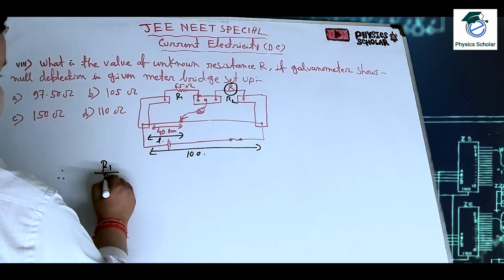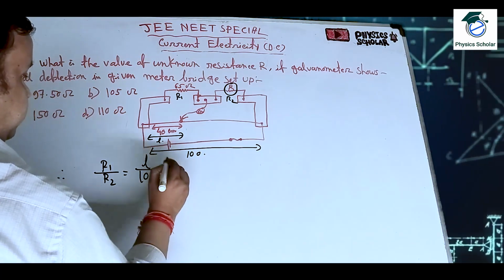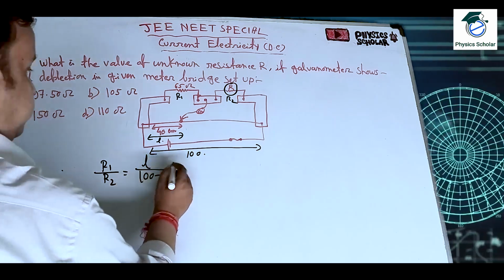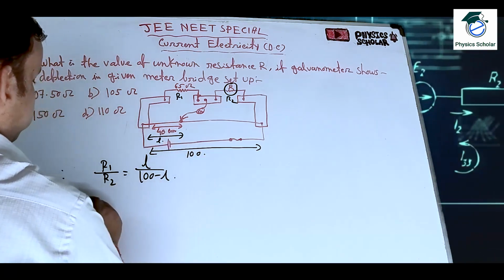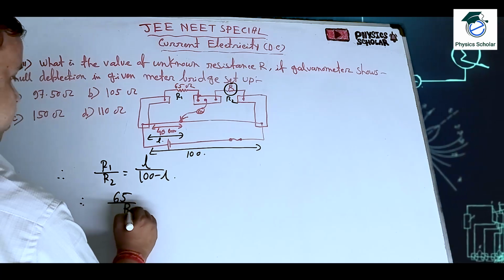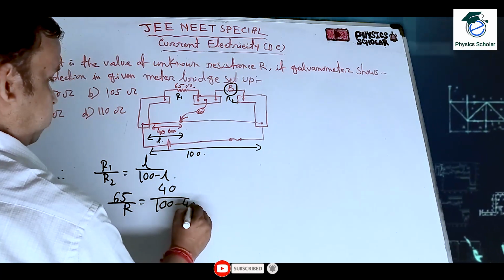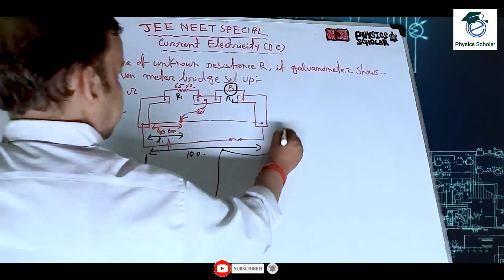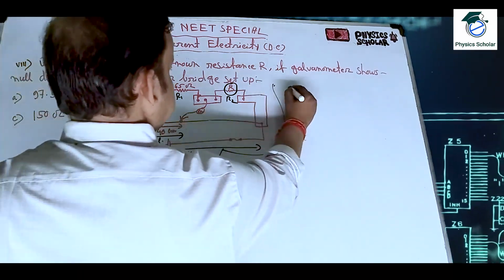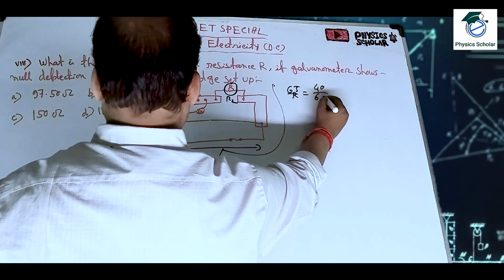So what is the formula? R1 by R2 is equal to L by 100 minus L. So that is the formula. Clear? So here L is equal to 40. Okay, so R1 means 65. 65 by R is equal to 40 divided by 100 minus 40. So it's very easy now. Clear? So 65 by R is equal to 40 by 60.